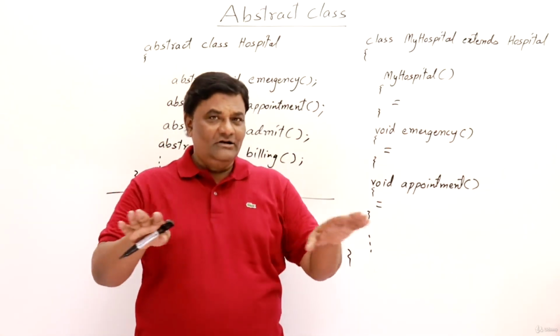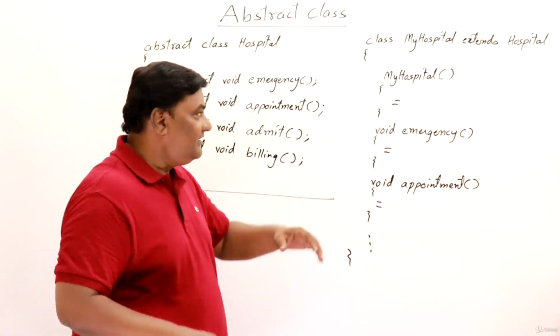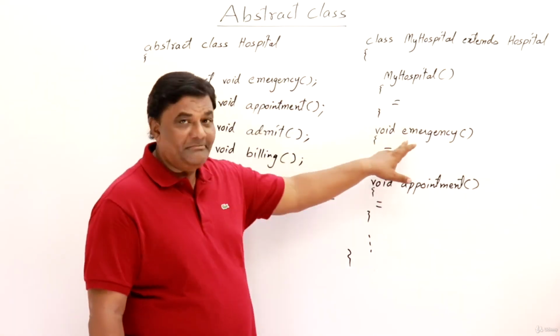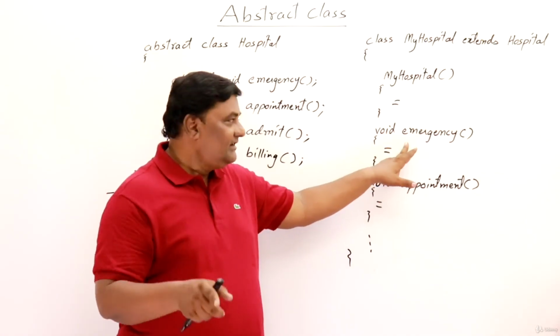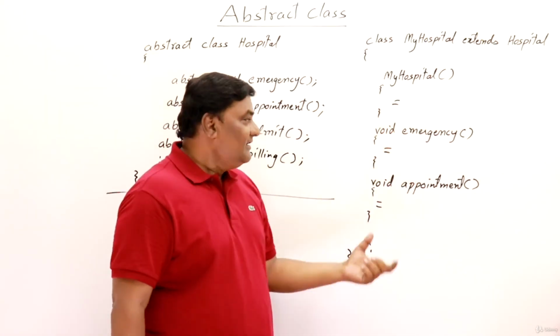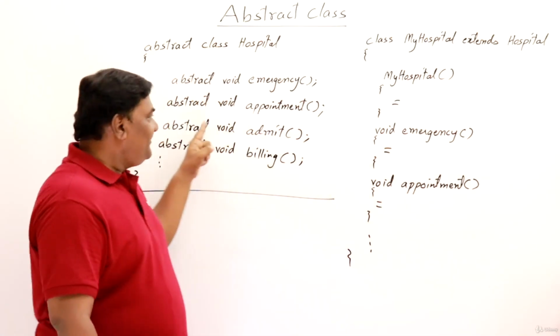Let me elaborate a little bit. I am opening a hospital, then I must have an emergency method which is overridden. I must implement this one, handling how emergency cases must be handled here. Then I must have an appointment method overridden here.